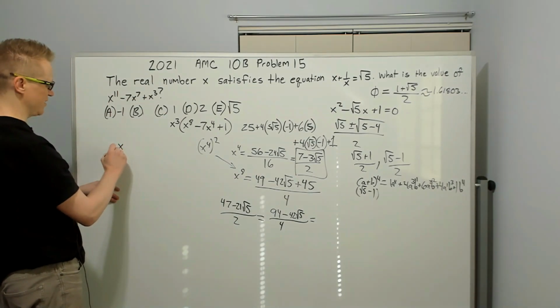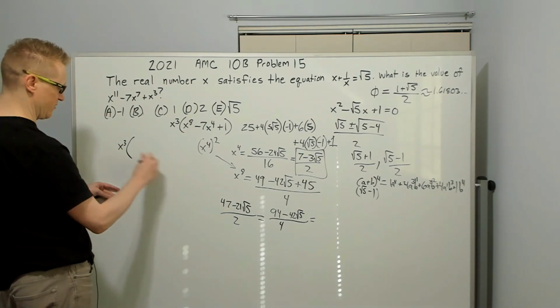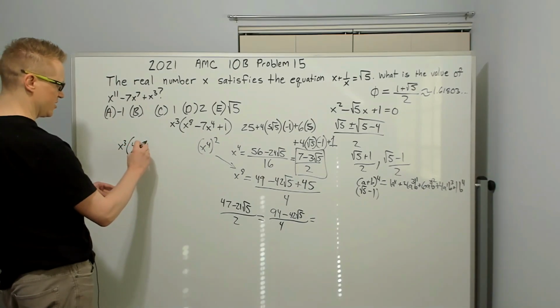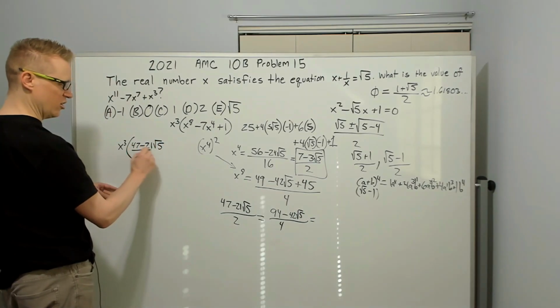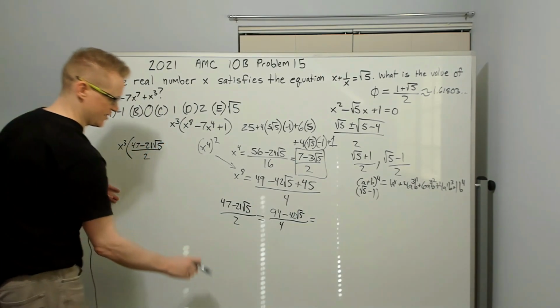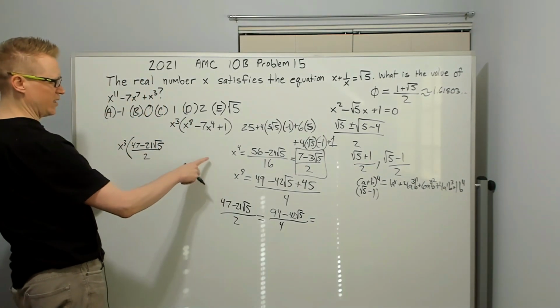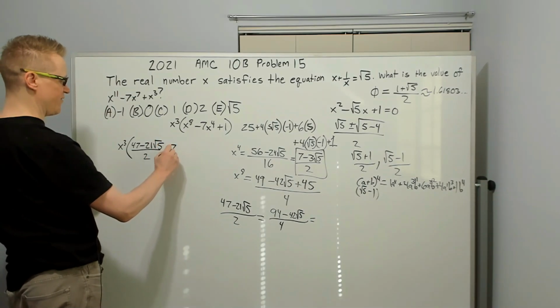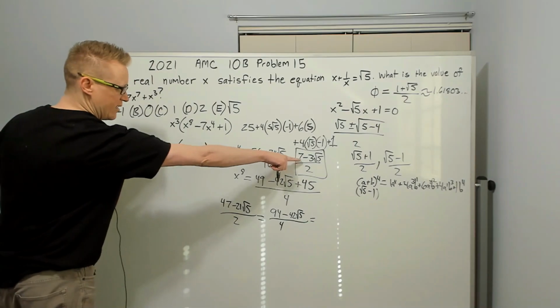So we'll have the x to the 3rd out here, and inside x to the 8th is this 47 minus 21 root 5 over 2, and then this is going to be plus, or minus rather, 7 times the x to the 4th expression, which is right here.